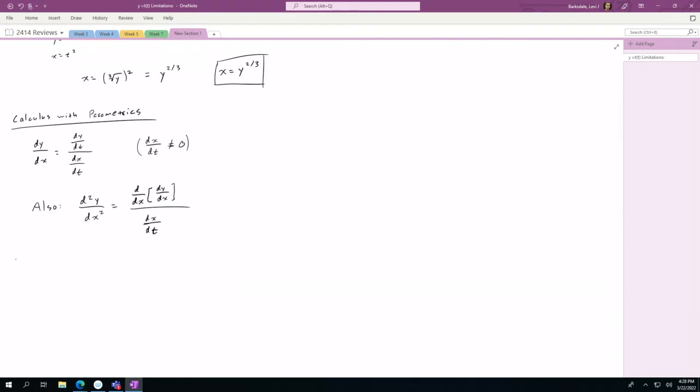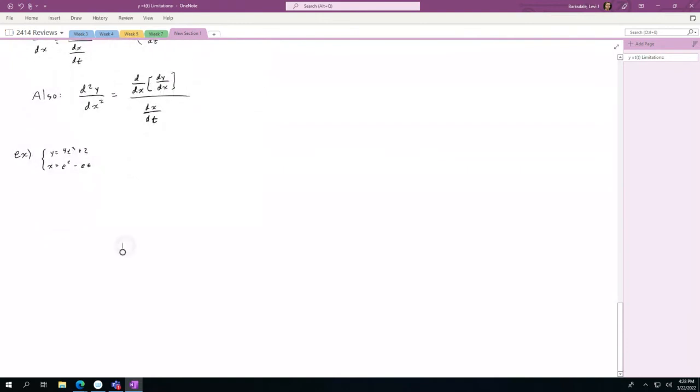All right, so let's go ahead and do a quick example. Let's say we have this. Well, we can find dy over dt by taking the derivative of our y equation. That gives us 12t squared.